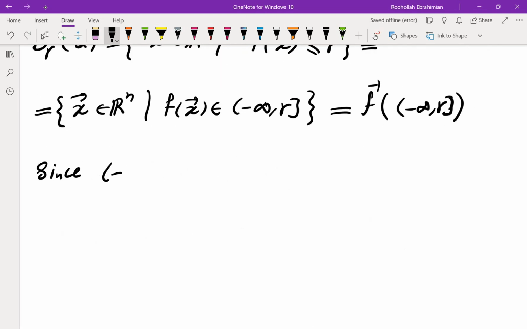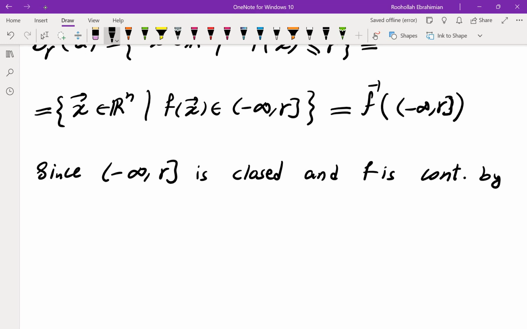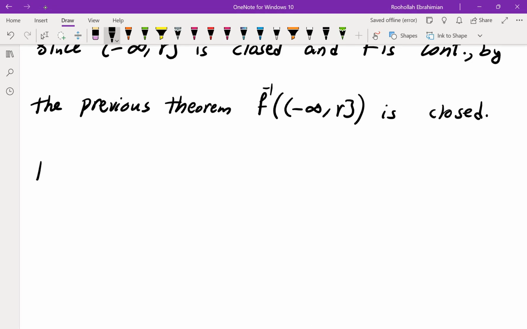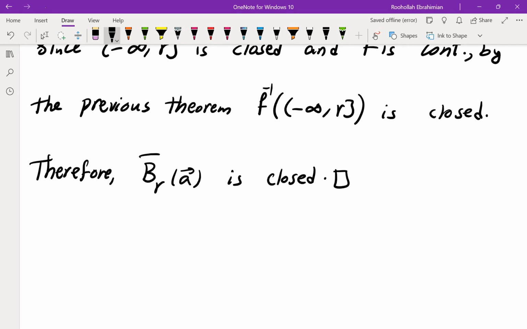Since negative infinity to r is closed, and this is something we have shown before, and f is continuous, by the previous theorem, f inverse of that set is closed. And that's exactly what we wanted to show. Therefore, the closed ball centered at a of radius r is closed. And that completes the solution to this one.